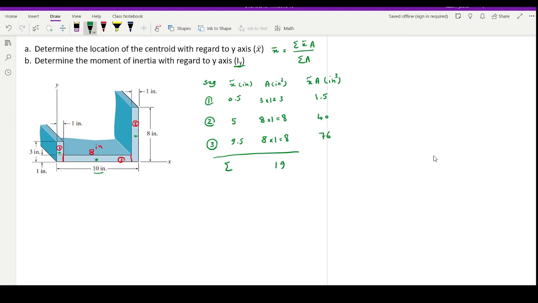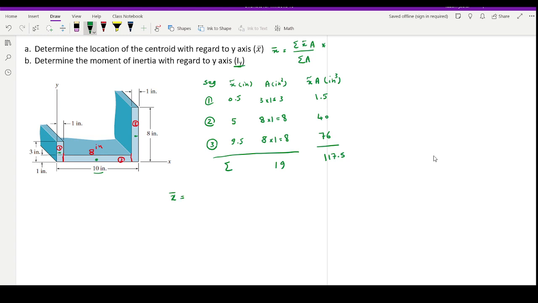So the sigma, which we have in here, the denominator, is going to be 76 plus 40 plus 1.5, and if you do the math, it's going to be 117.5 inch cube.